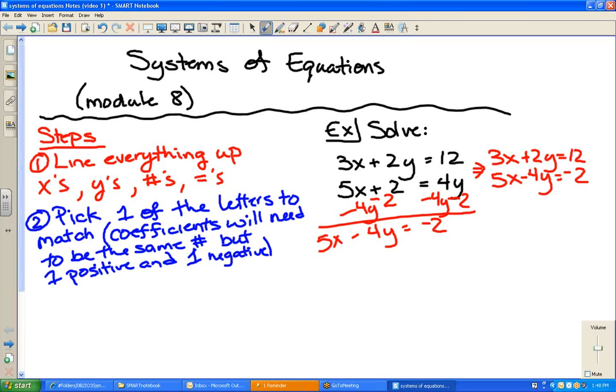So that's positive, one that's negative already. Those are good ones to match. But basically, we're going to decide what letter we want to match. It could be the x's, it could be the y's. It really doesn't matter. You get to the same final answer. But if I'm looking at the y's, I notice that one's positive, one's negative, and I can change a 2 into 4 quite easily by multiplying. Okay, so you need to multiply.